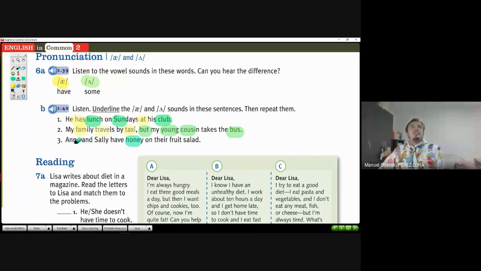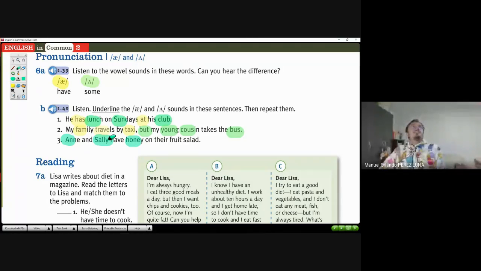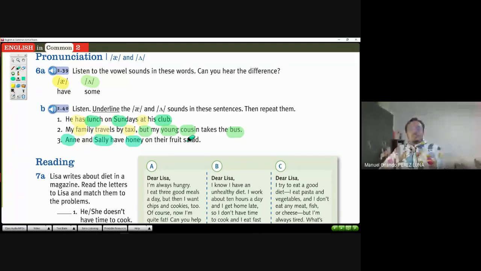And Sally. Salad. No. In this sentence, we have said and have. Salad. Okay, salad. It is relaxed. Okay, salad. And no more. So this is more or less like the explanation in here.